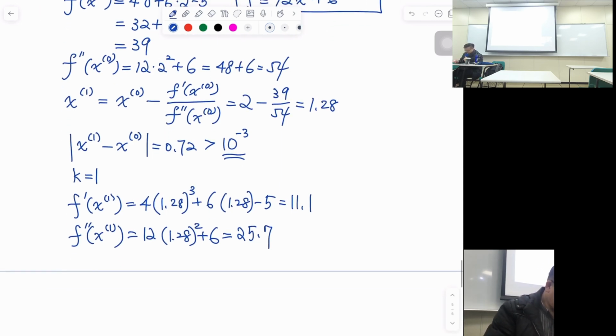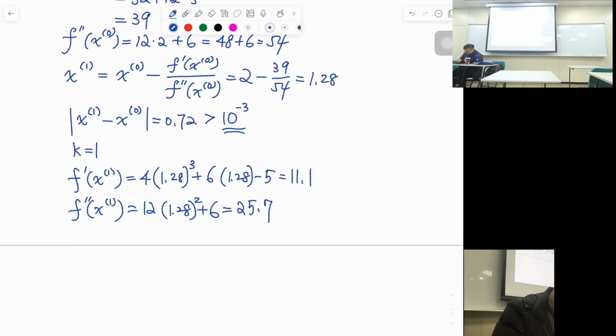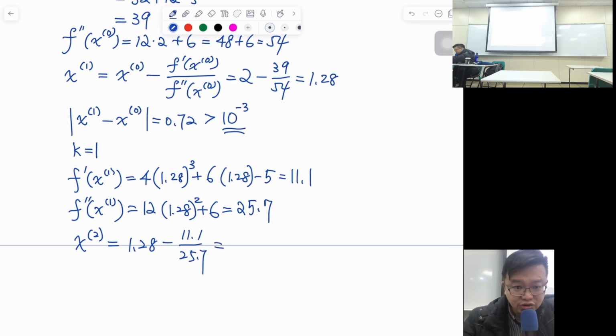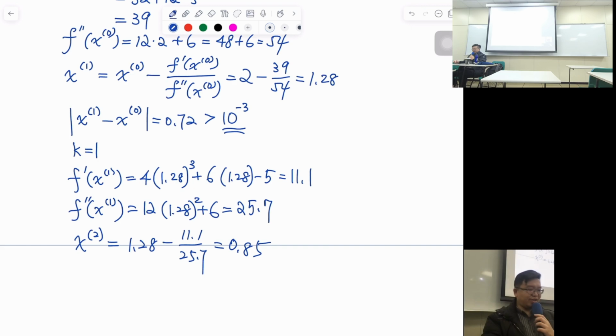Okay, I think yes. So x2 equals x1 minus, let me directly write down, 1.28 minus 11.1 over 25.7. So 0.85. Something like this.